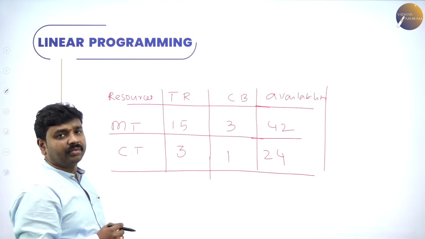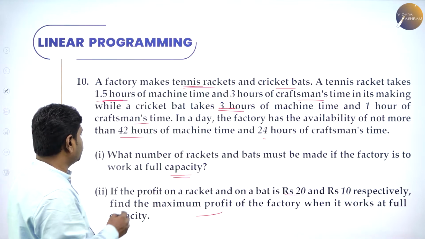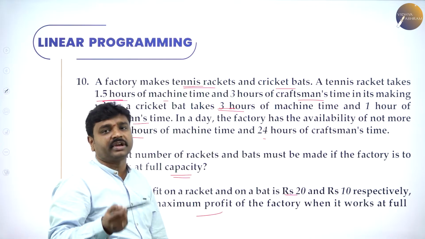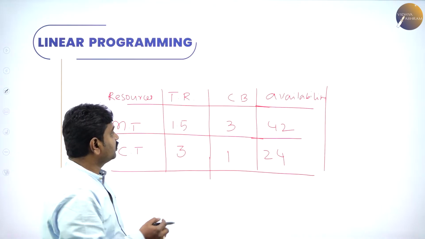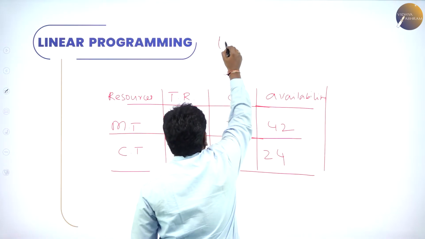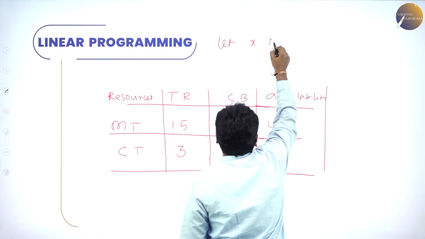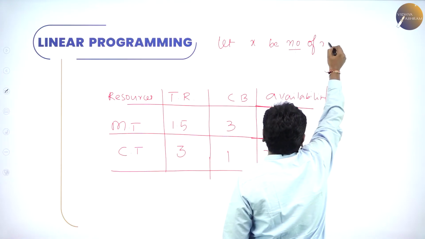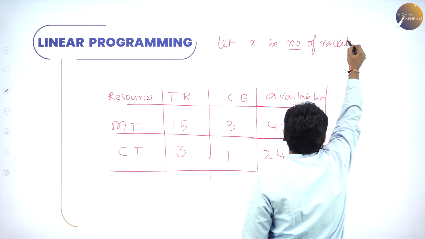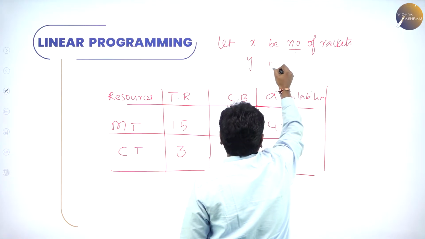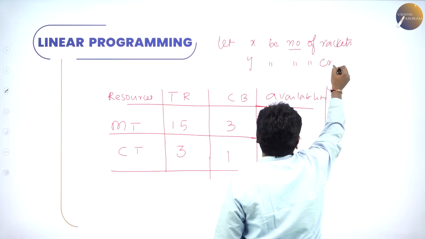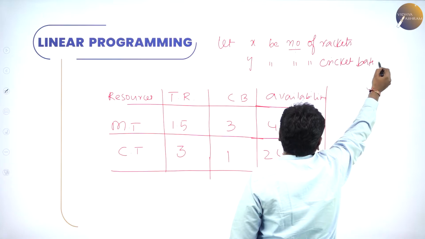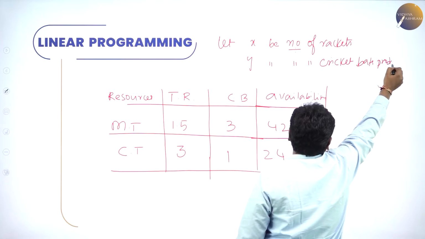So now we can convert it into a linear programming problem. First part is the number of rackets and bats that should be produced so that it works at full capacity. So first let us assume x be the number of rackets and y be the number of cricket bats produced. This is our assumption.